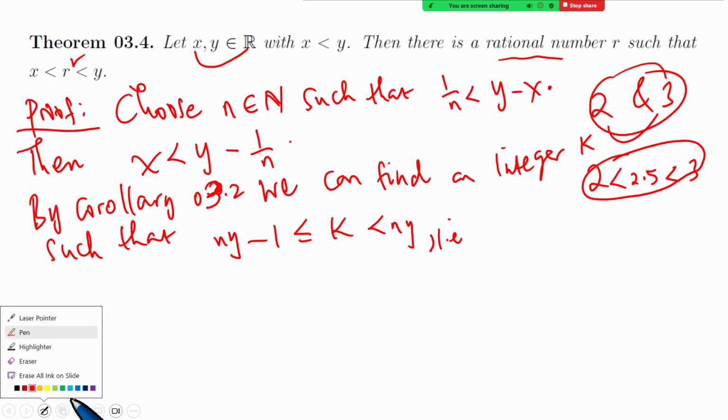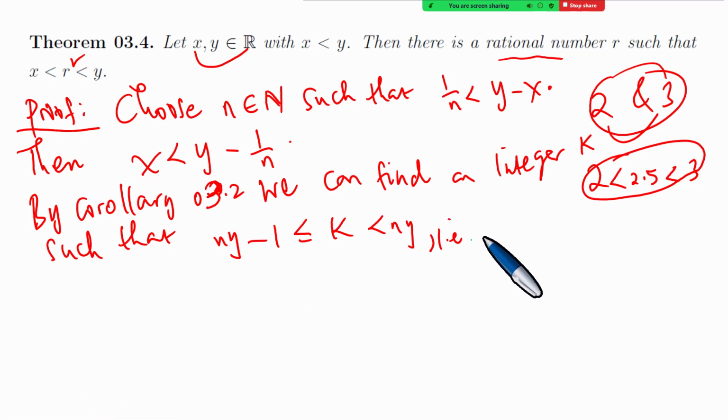That is, y minus 1 over n is less than or equal to k over n. We shall look at the merits of these. By corollary 03.2, we can find a k, and this k lies between this number minus 1 and then the same number. You can divide through by n because natural numbers are positive, getting y minus 1 over n, then k over n, and then y.